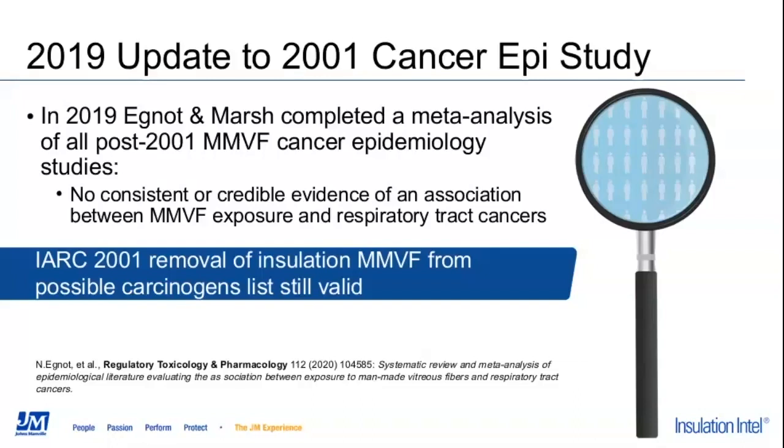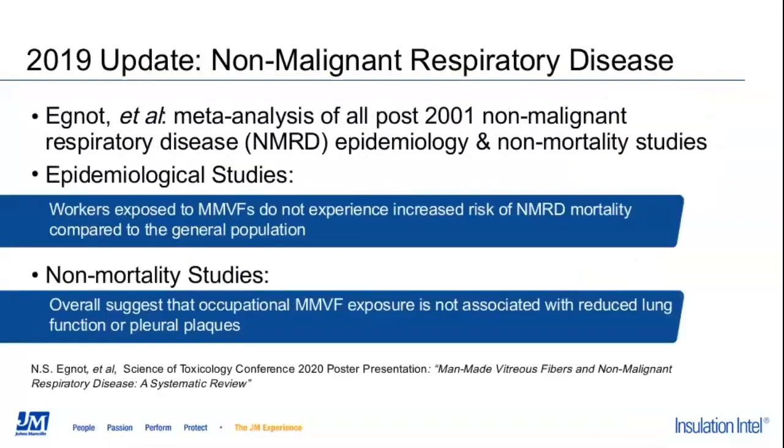Typically, Regulatory Toxicology and Pharmacology is an Elsevier publication, so you have to either buy the article or have a subscription to Elsevier. The industry has essentially paid for this to be an open article so that anyone can access it on Elsevier for free.